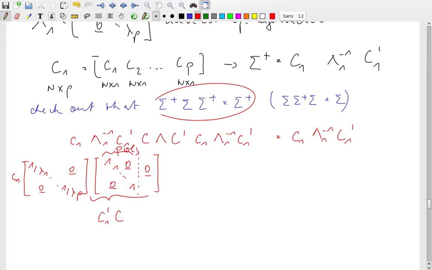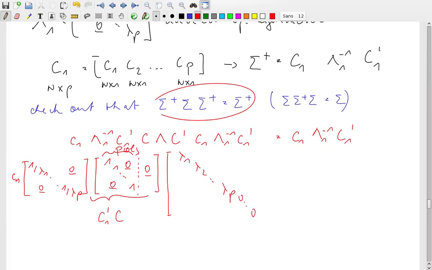Then we would have lambda, and we already had lambda before. So lambda would be a matrix that contains first the non-zero eigenvalues, then come those zero eigenvalues afterwards.